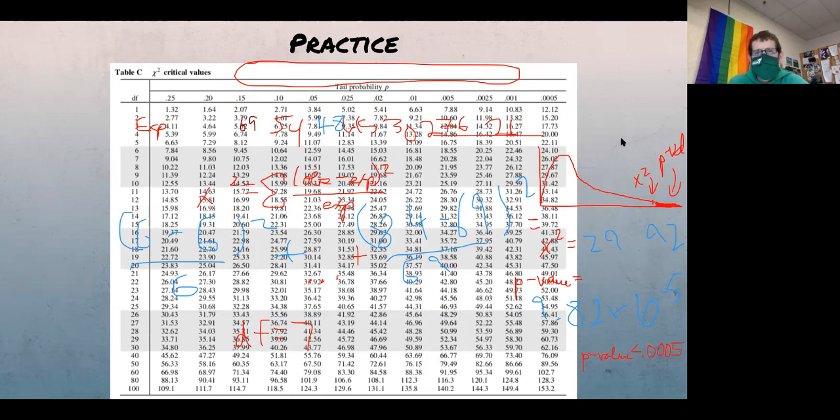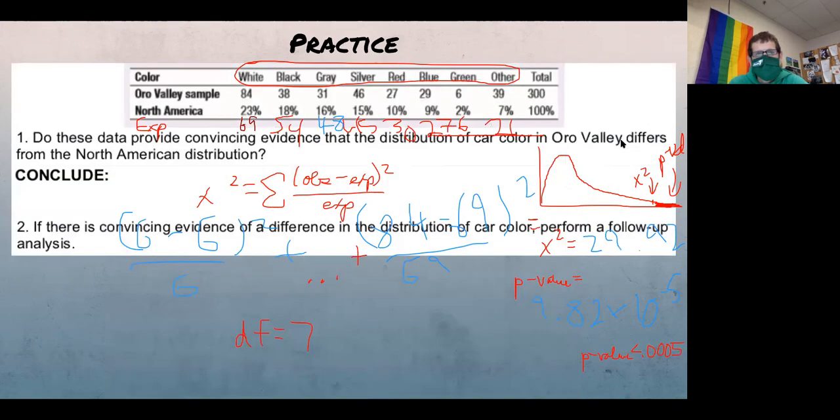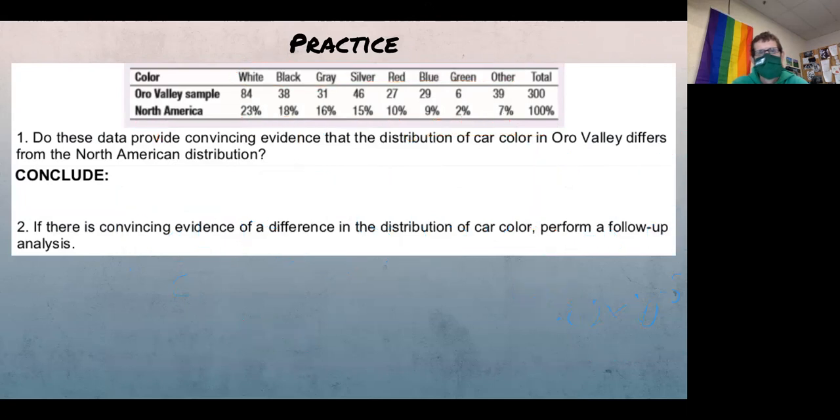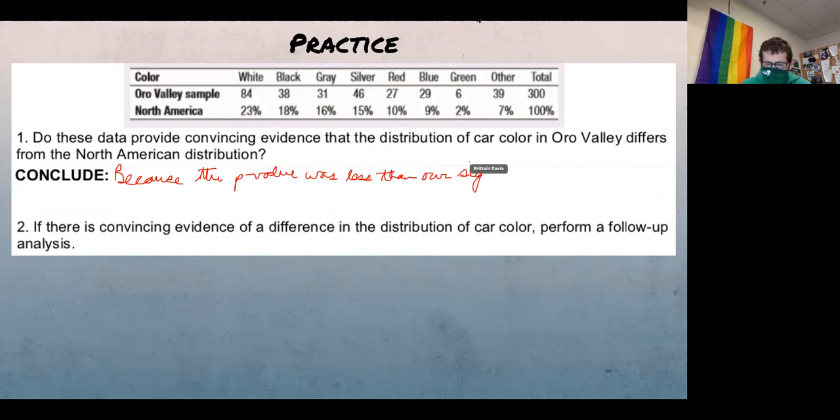Okay. So with that, we are now ready to conclude this. And I'm going to clear the screen. All right. And luckily, we can use the same formatting that we've used for all of our conclusions before. Because the p-value was less than our significance level, and here's where you can put in the numbers.